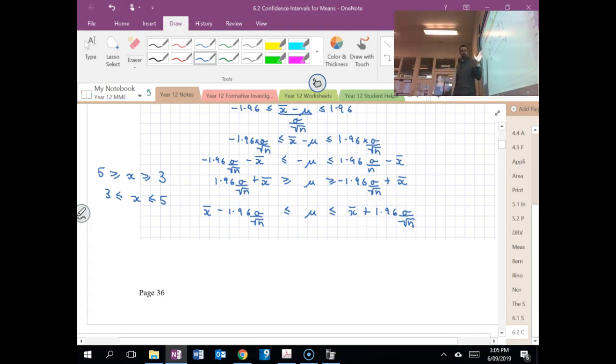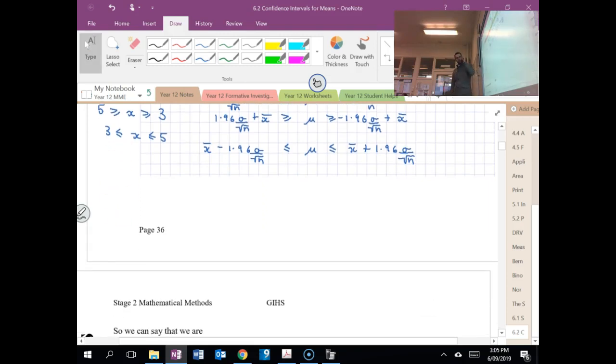All I've done is I've taken that statement, swapped the ends and swapped the signs, without actually changing the meaning. Anybody want to argue with me about that one? Okay.